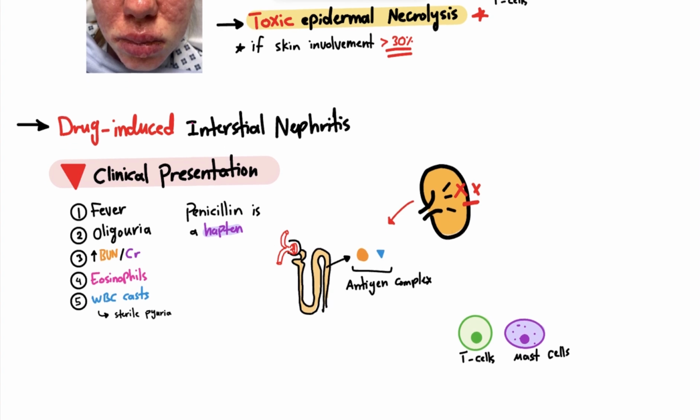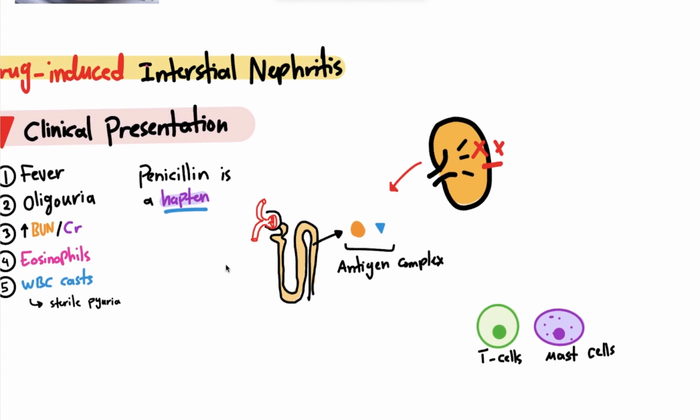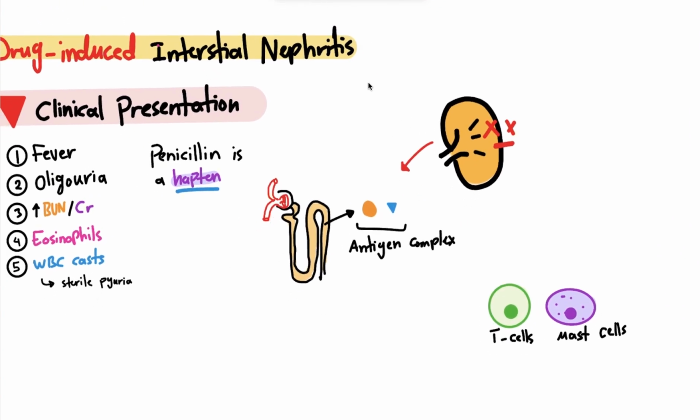Another important side effect is drug-induced interstitial nephritis. In this situation, the penicillin acts as a hapten. What a hapten is, it is a very small molecule. Just like penicillin, it's very tiny so that the immune system cannot really see it. However, sometimes when we have interstitial nephritis, what is really happening here is that we have an antigen complex.